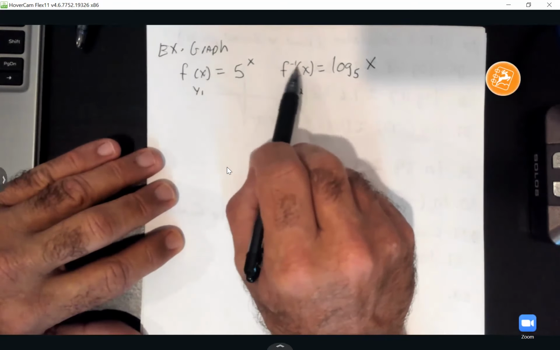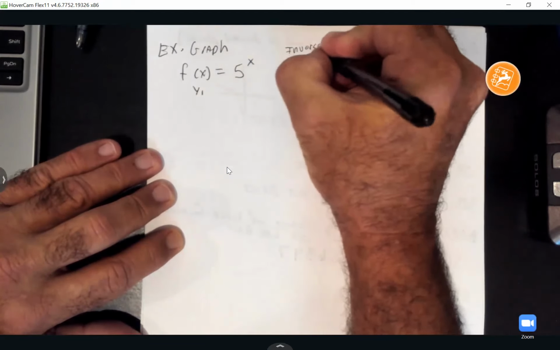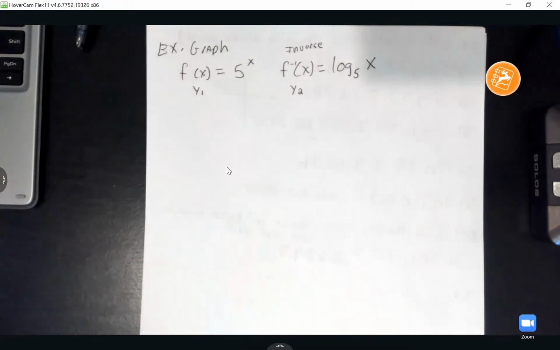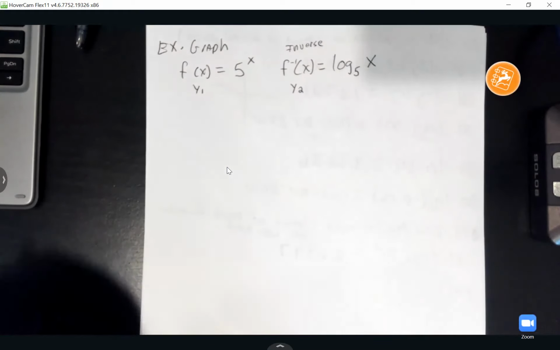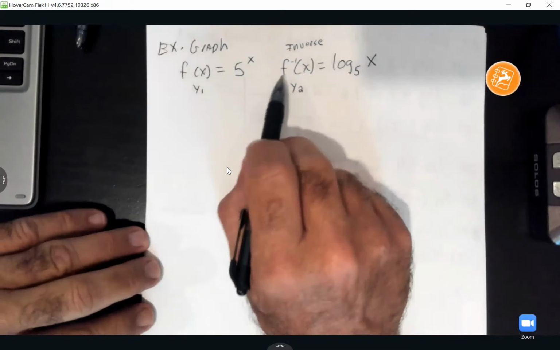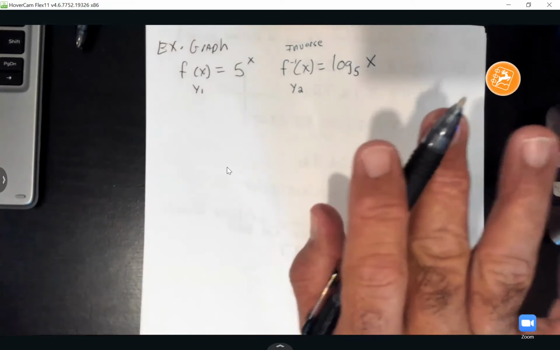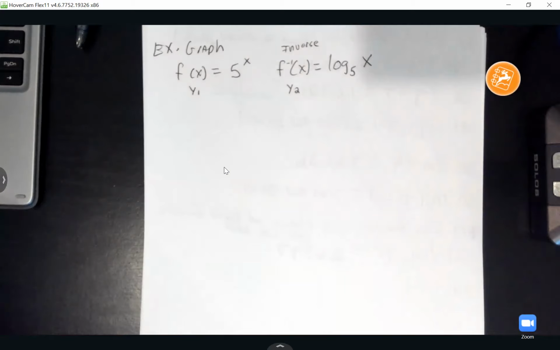Remember that f negative 1 of x means it's the inverse function. When I had y'all replace f of x with y, switch the x and y, then solve for the new y, and when we were done, replace the y with the f inverse notation. But we don't have to worry about all that. We just got to graph these two and pick out one of the pictures.